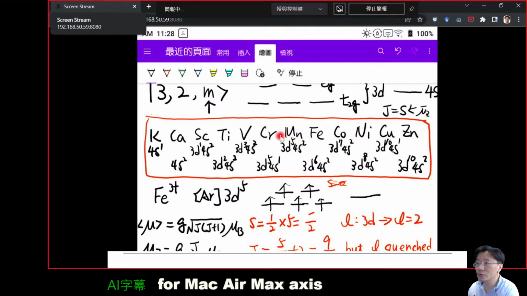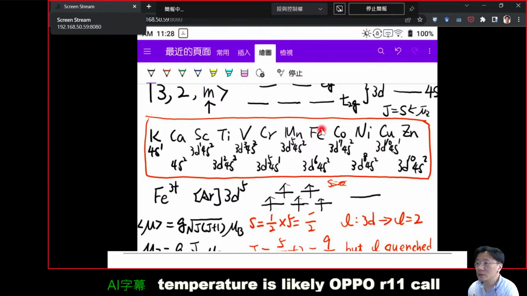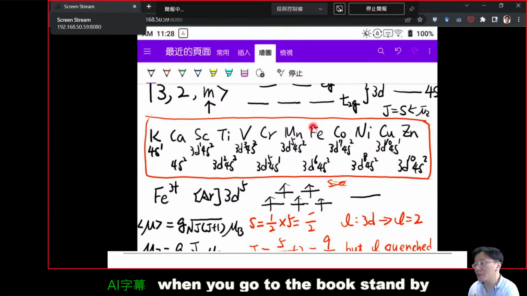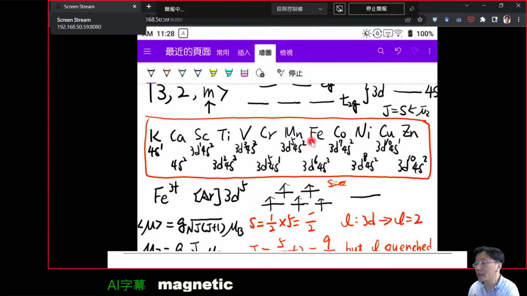Sometimes we will use manganese, but the only problem is the magnetic ordering of manganese is at a very low temperature, not like iron, cobalt, and nickel. So when you go to the bookstore and buy a magnet, typically the black one is made of ferrite, which contains trivalent iron ions.